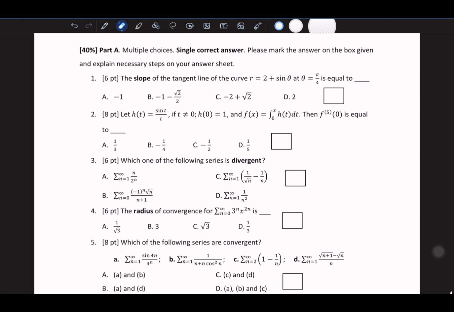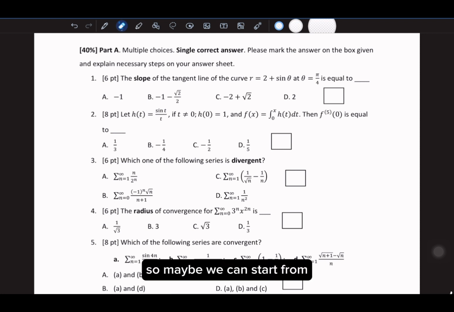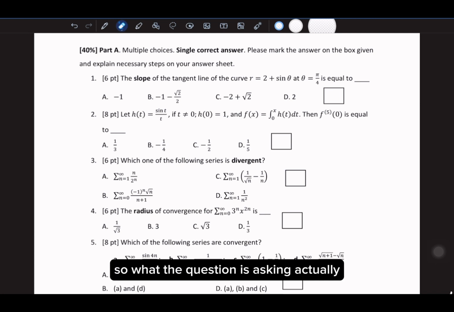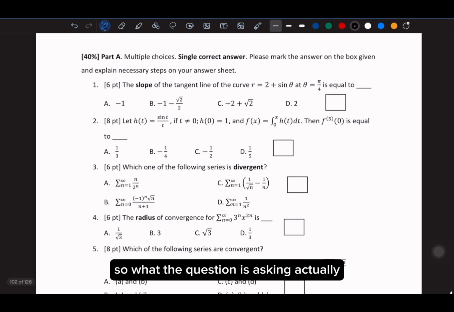So maybe we can start from number one. Number one, asking the slope of the tangent line. So what the question is actually asking.